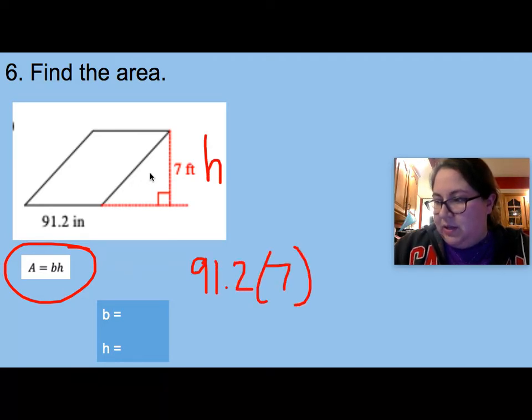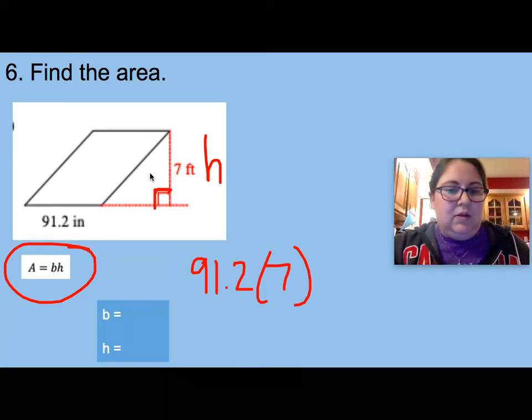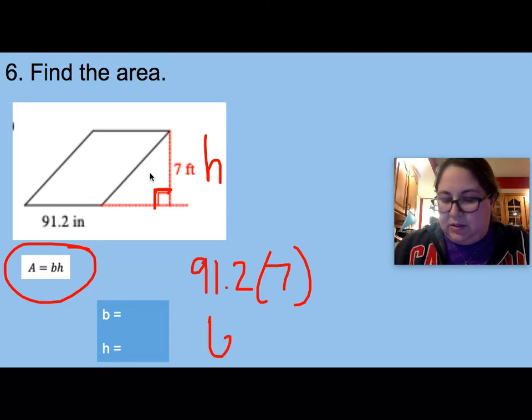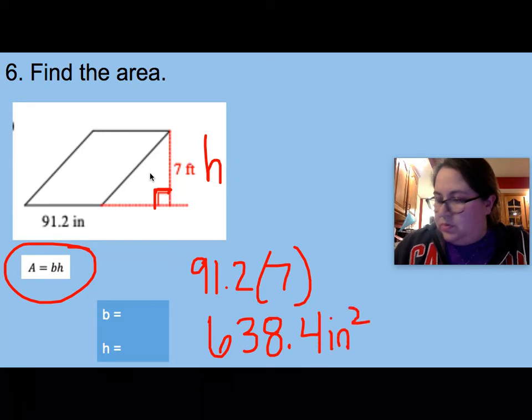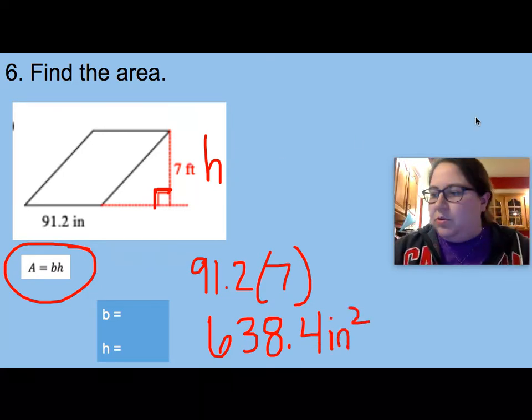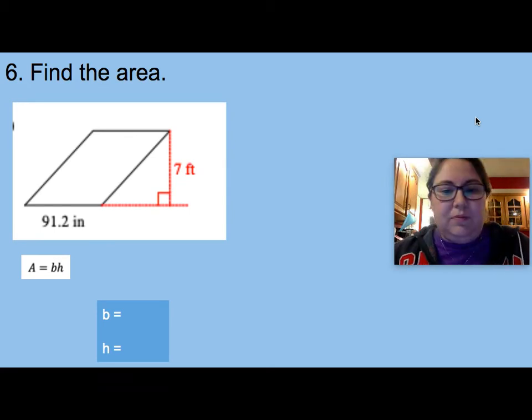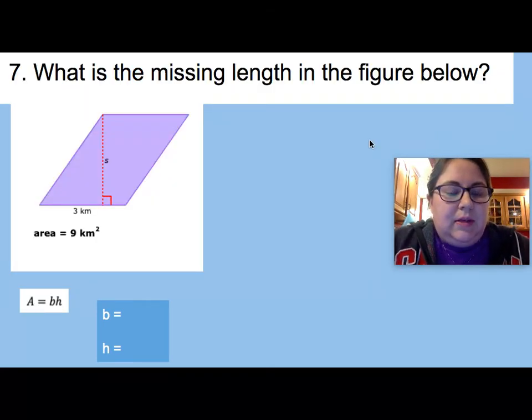That's the height, because it's connected by the right angle. So when I take 91.2 times 7, we're going to end up with 638.4 inches squared. These examples all come from IXL or look like IXL questions, so you'll be pretty familiar with them once you get to IXL.